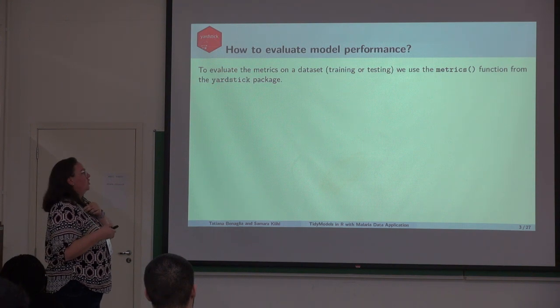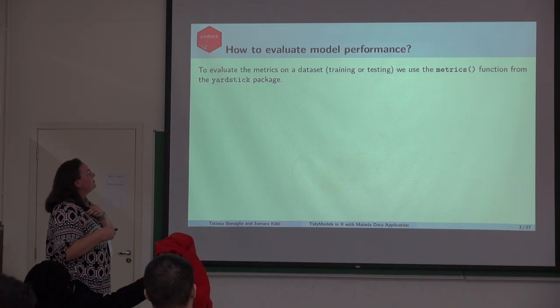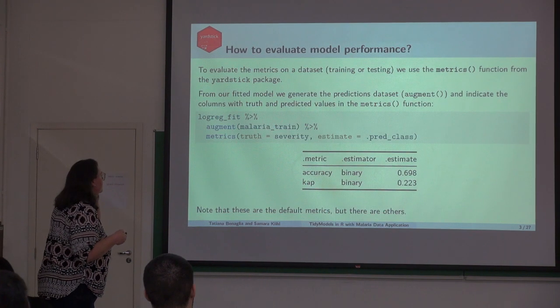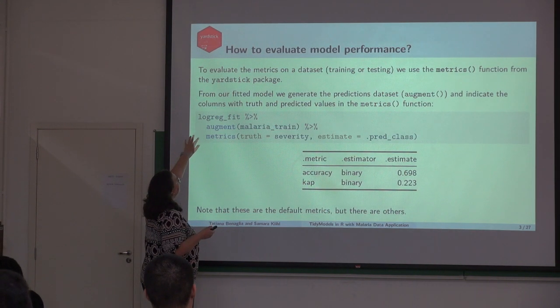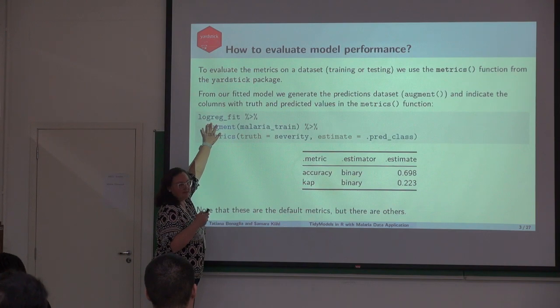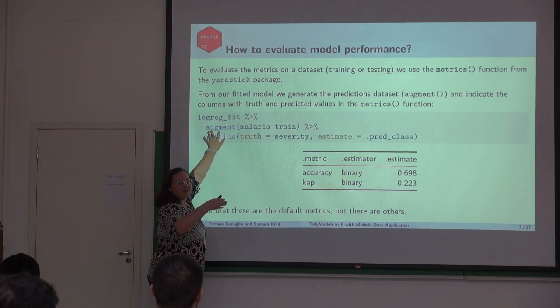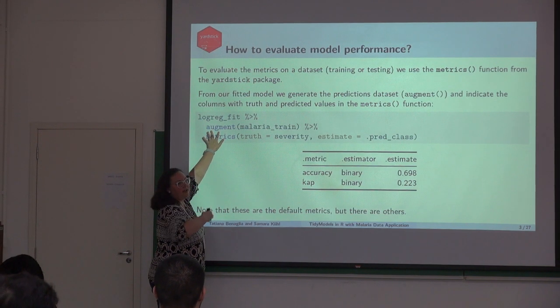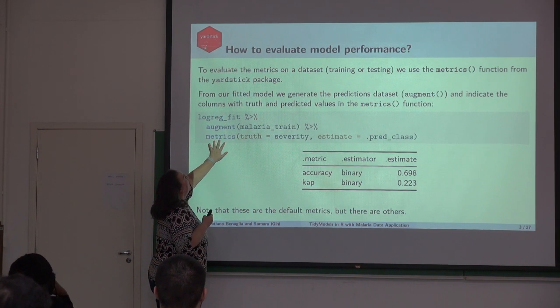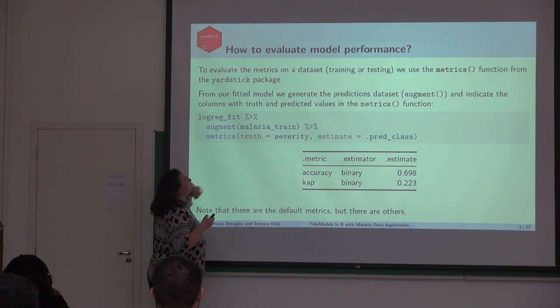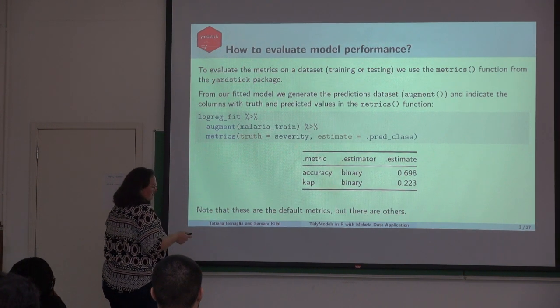We're going to use the function metrics from the yardstick package. First, I have my model fitted, so I get the prediction and the true values that are already there. Then I use the metrics function with truth.